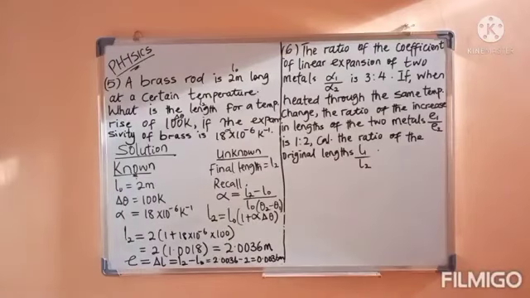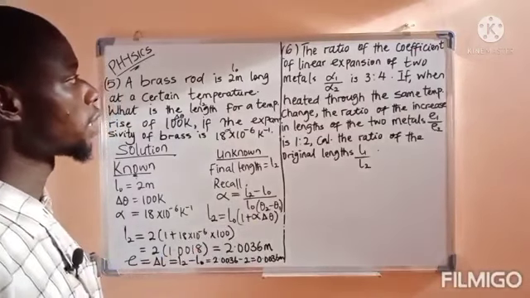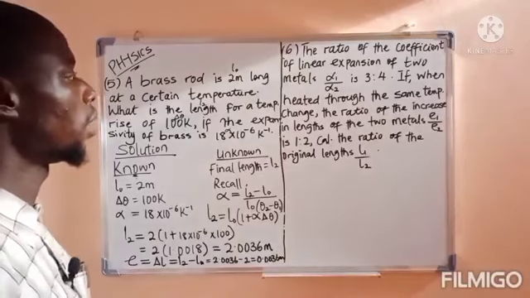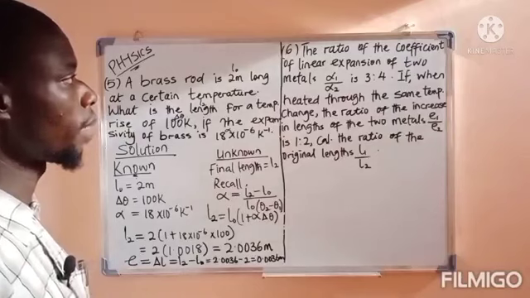Now let's quickly look at example 6, which says the ratio of the coefficients of linear expansion of two metals, alpha 1 over alpha 2, is 3:4.